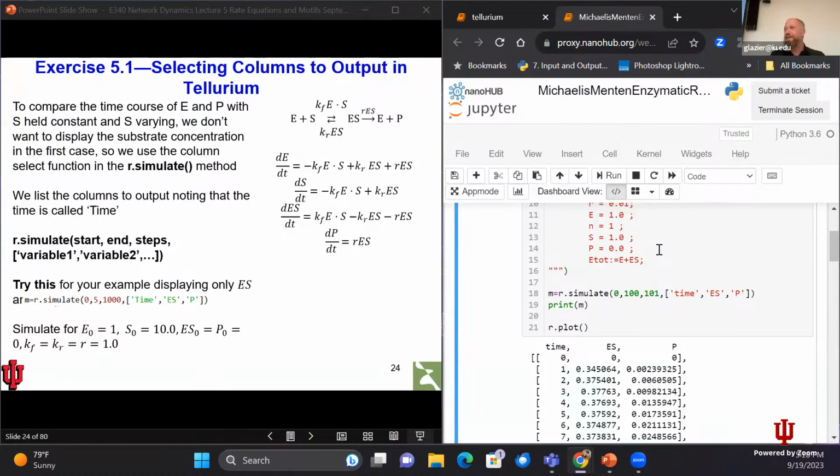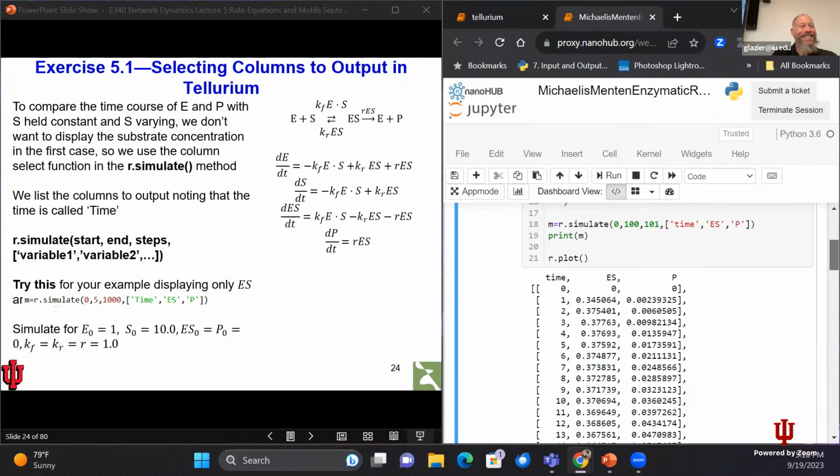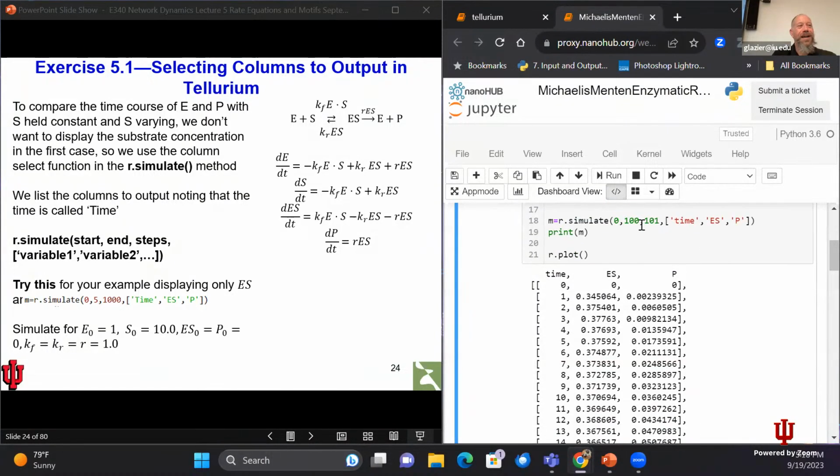Python loops don't run the last element of the loop, so that's what's doing that there. So if I want the times to come out clean, I actually have to ask for 101 steps rather than 100 steps. Did people get that? Could people pull the times? Okay.